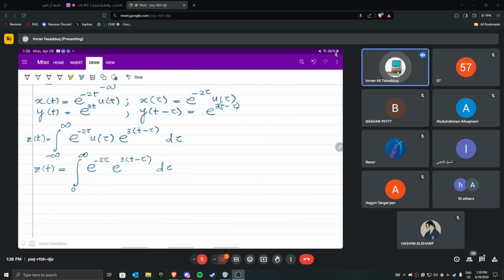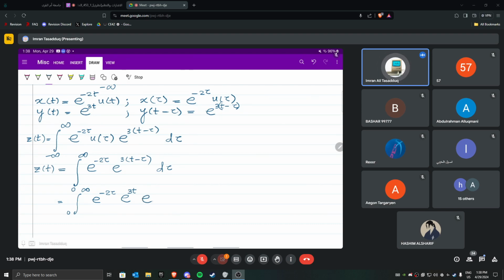Any questions until now? All right, then this is equal to the integral from 0 to infinity of e to the power minus 2 tau. Now I have to break it because I can see that there is a t which is a constant for this, because the variable of integration is tau, and t does not depend upon tau, so we'll have to take it out.